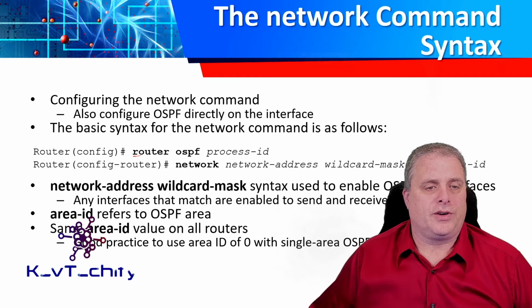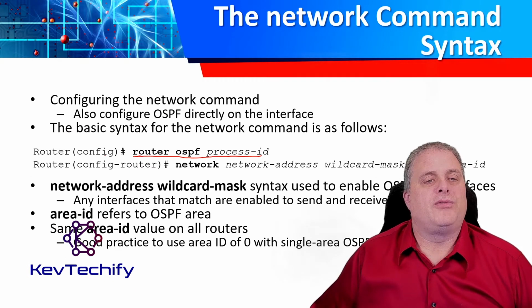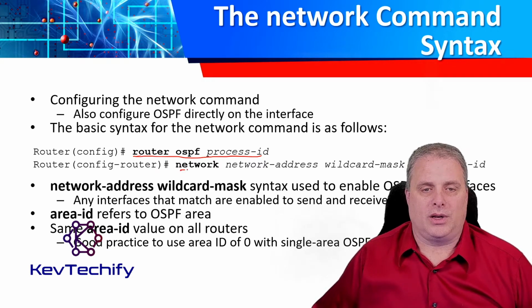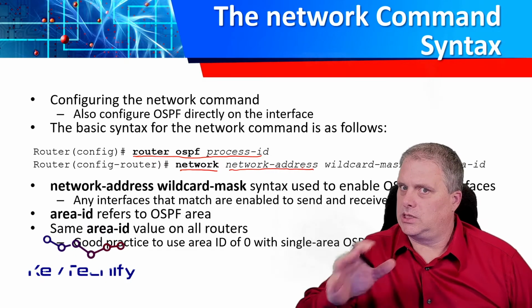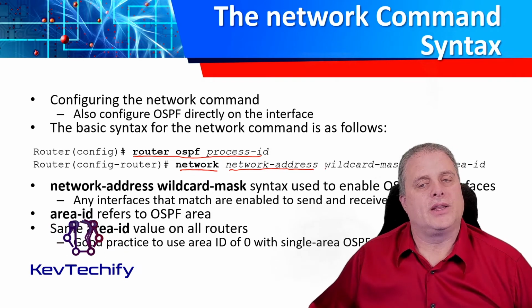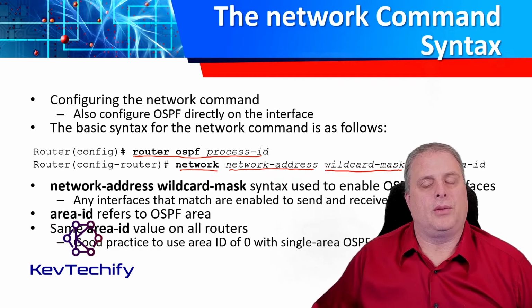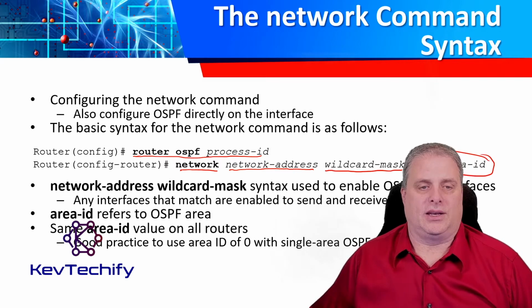So from global configuration, router ospf, and then your process ID. Once you're in there configuring your OSPF settings, then you can use the network statement. The network address, once again, the network address ends in zeros in binary. Then we put in the wildcard mask, and that's something a little bit different than the subnet mask. Then we tell you what area it belongs to with the area ID at the end.